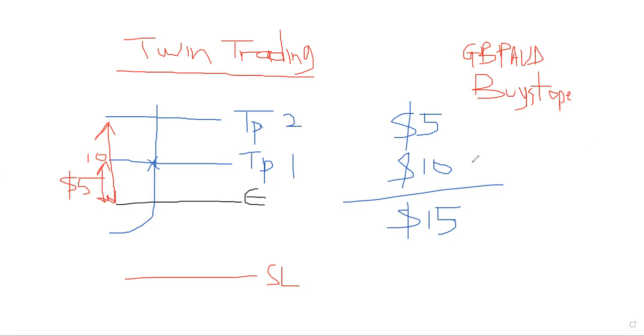Let's say, for instance, as this trade hits TP1, this one disappears. You have a $5 registered. This one was going up. But all of a sudden, it started misbehaving. It came down.